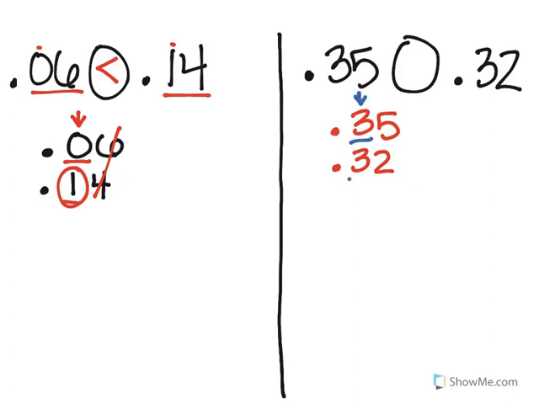Oh, I have 3 and 3. They're the same. So I have to go to my next value. Now I have 5 and 2. Which one's bigger out of 5 and 2? You're right, 5 is. So 0.35 was bigger than 0.32, or 35 hundredths was bigger than 32 hundredths.